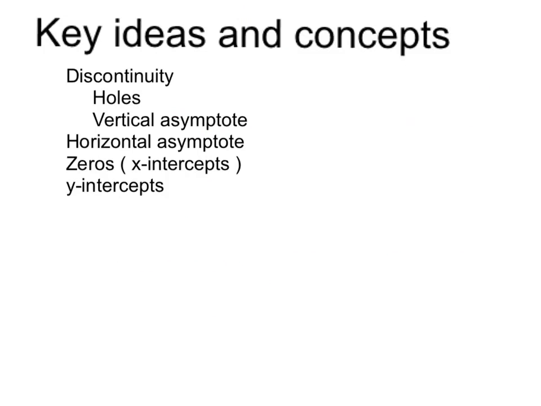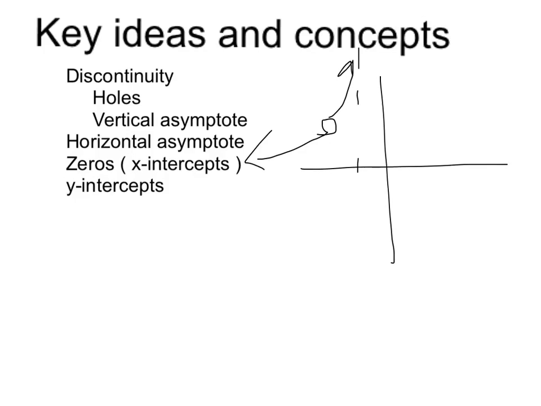Alright, the key ideas and concepts for this: we should be able to identify discontinuities, and that comes in either the form of a hole in the graph, or it comes in the form of a vertical asymptote in the graph. There's also sometimes horizontal asymptotes, so maybe there's a horizontal line here that the curves get ever close to.